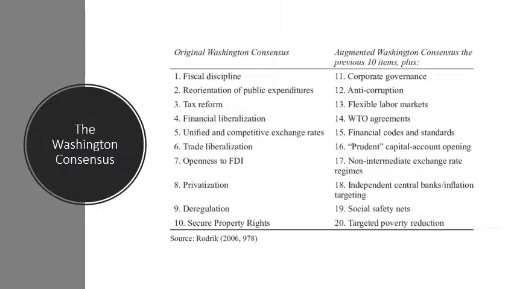As I mentioned, once neoliberalism got going, the IMF and World Bank really embraced that and started to impose conditions on the loans that they were making to developing countries and other countries in times of need. And that came to be known as the Washington Consensus.